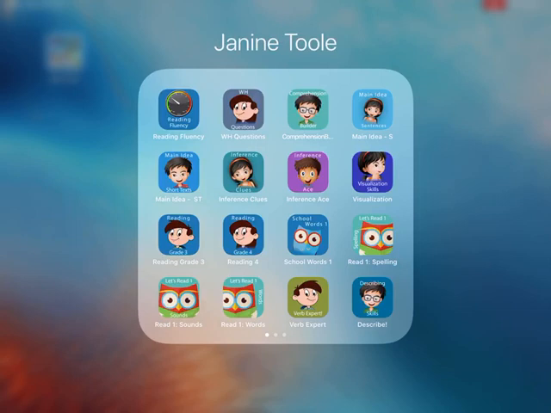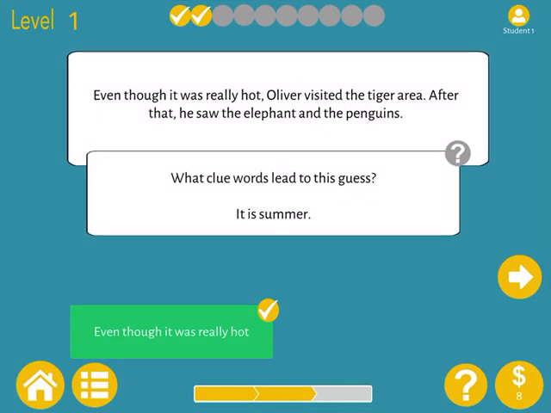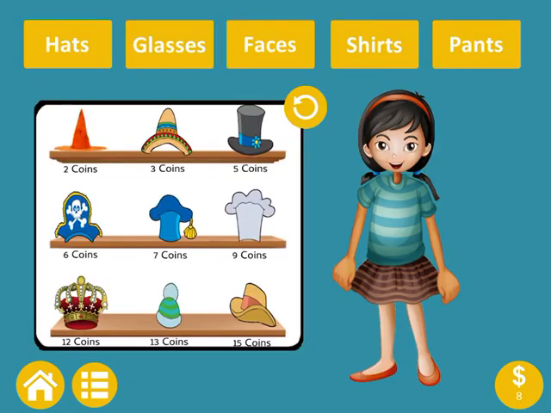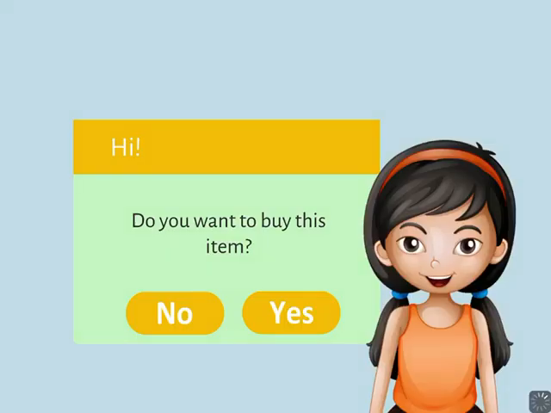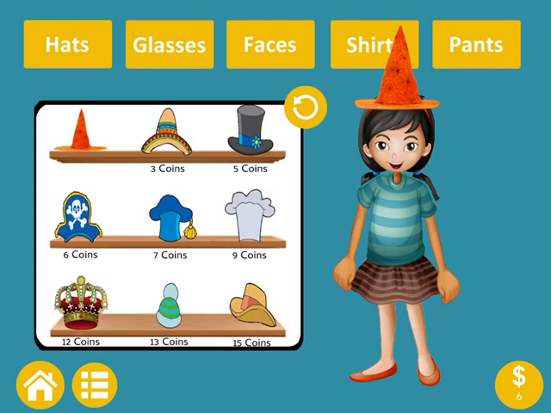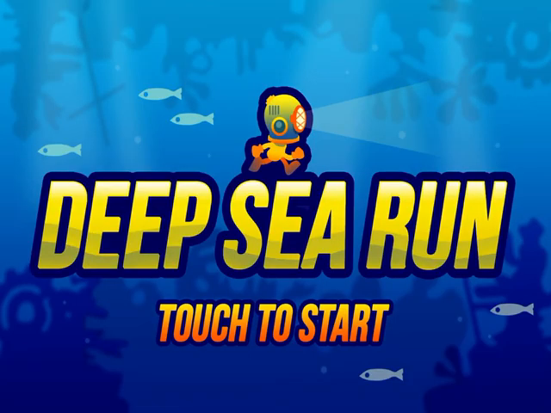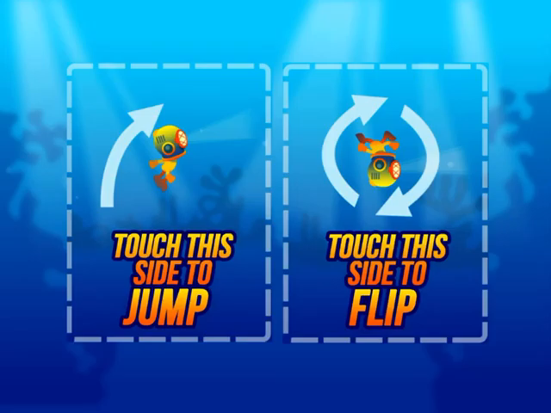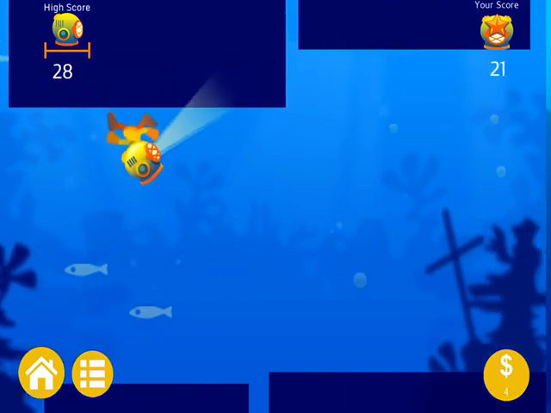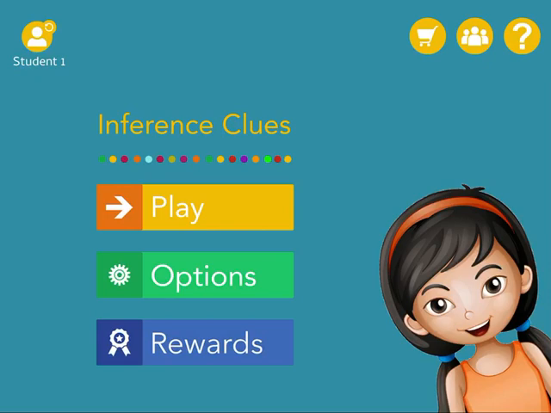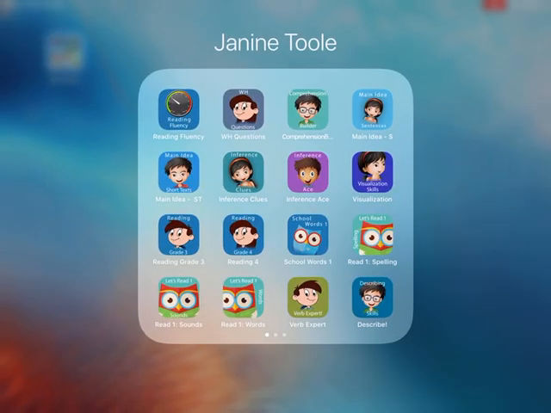So let's just have a look at what they have in their stores. And so basically you see how the kids are able to trade their coins that they've earned to do something fun.